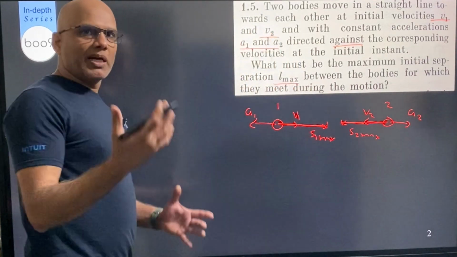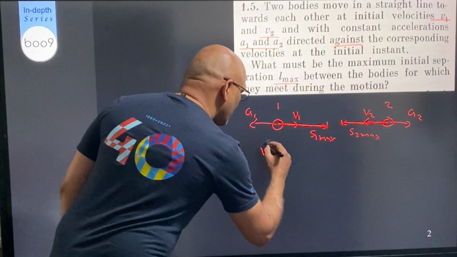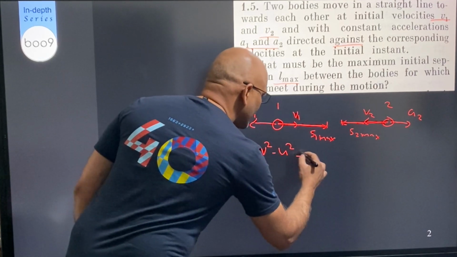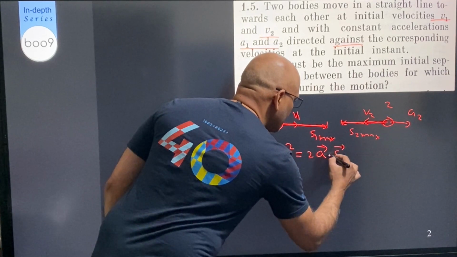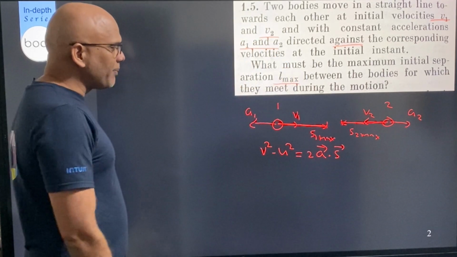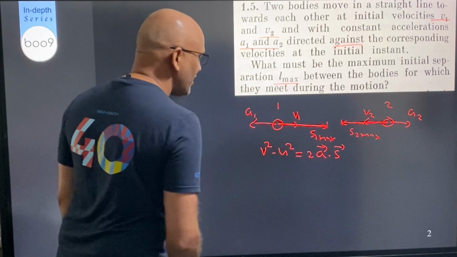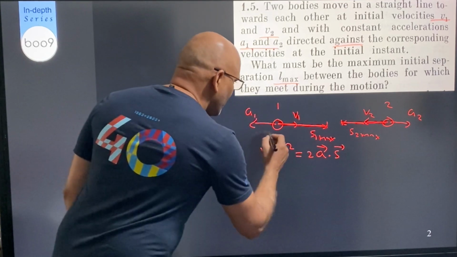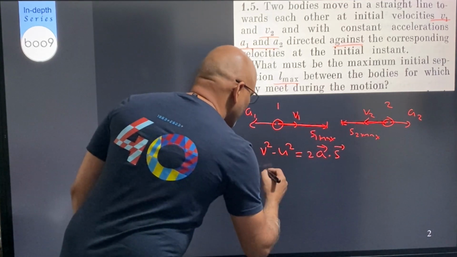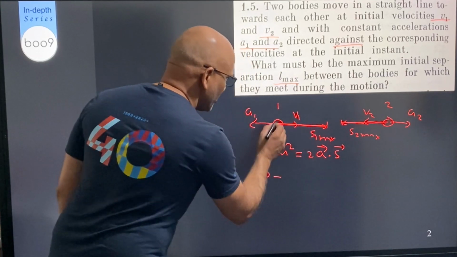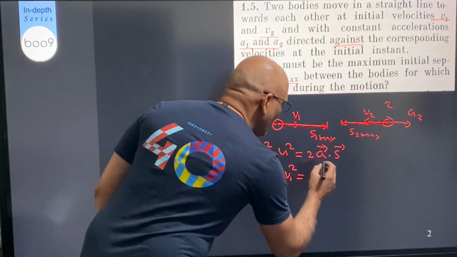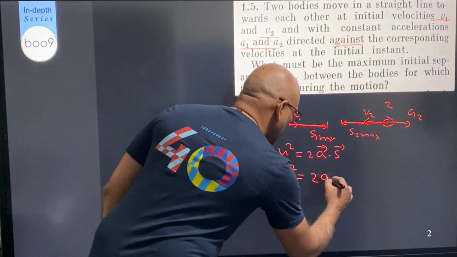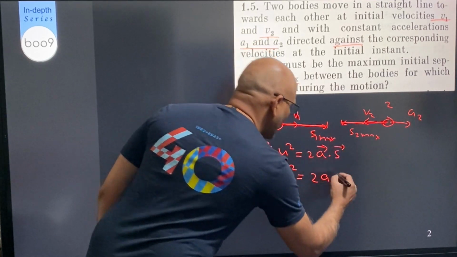As you can imagine, we are going to use v squared minus u squared equals 2a dot s. This is a dot product, right? Because we know everything here except s. If I apply it for this one, finally it's going to come to rest. So 0 minus u squared, the initial velocity is v1, so v1 squared is equal to 2, the magnitude of a is a1, this magnitude is s1 max.